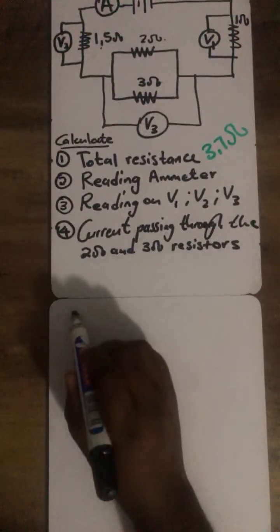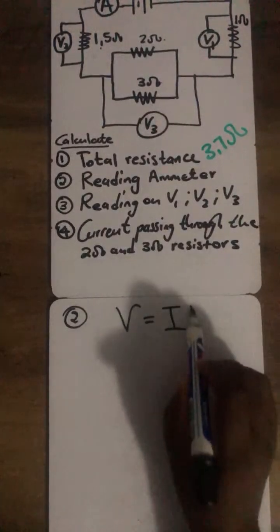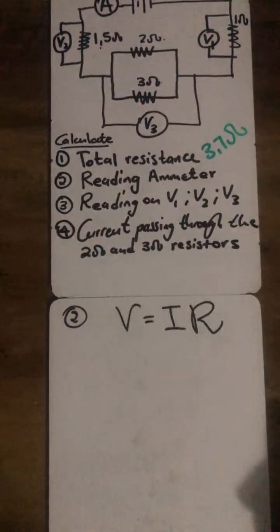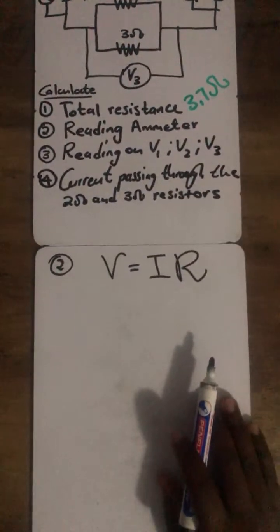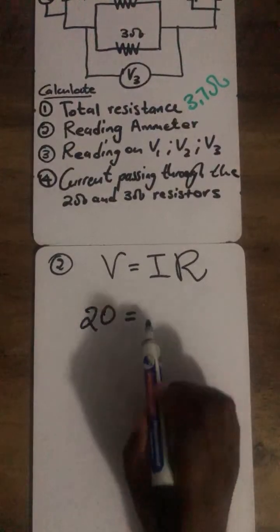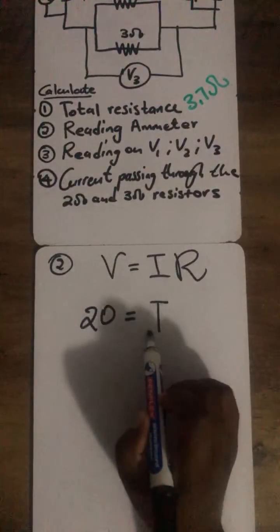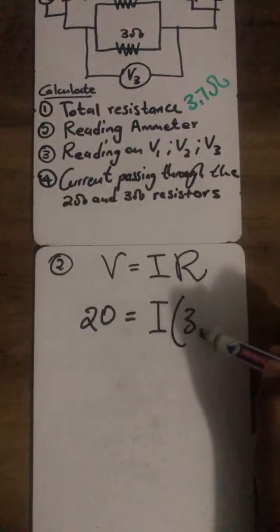Remember, we are on number 2, and the only formula is V equals IR. So it shouldn't be a complicated one. They usually give you 3 marks for this, where we know very well that our V equals 20. When they say the reading on the ammeter, it means it is the current that they want you to calculate.